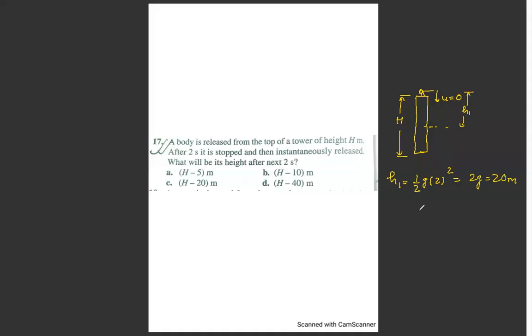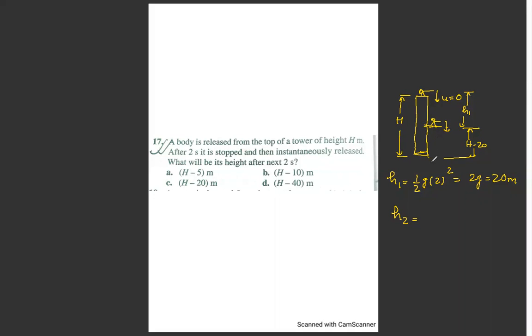Similarly, the distance covered by the object in the next 2 seconds. Then it is stopped and again it is released. Actually it has to fall h minus 20, but let's see how much distance it falls in the next 2 seconds. That is h2.